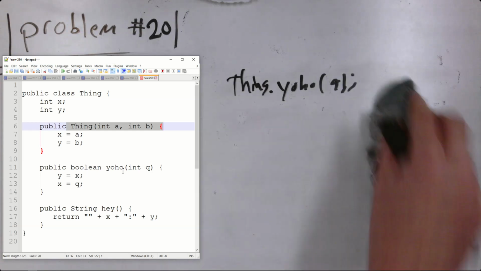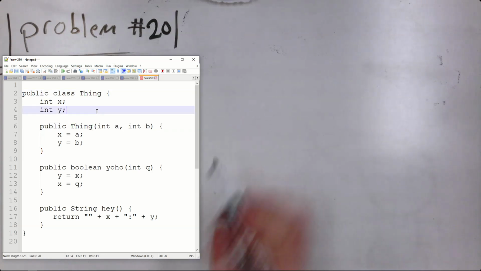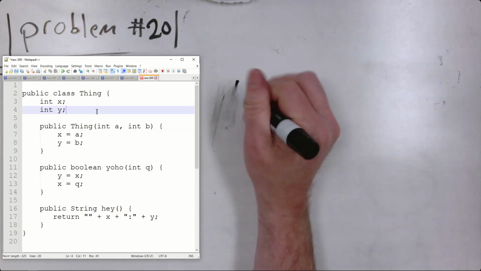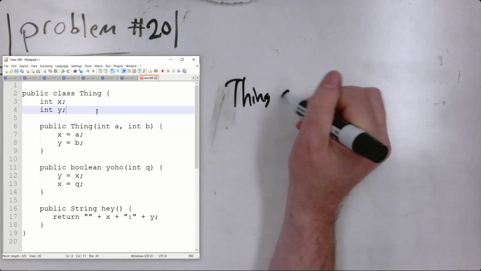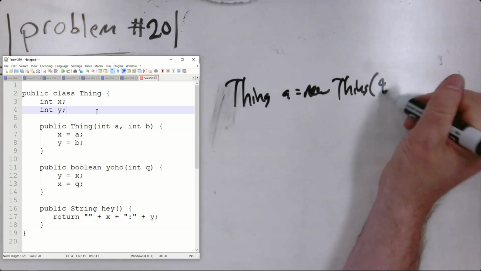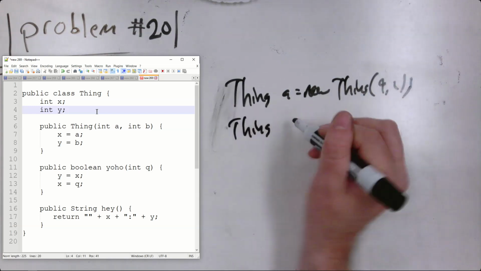A different way of thinking about it is, you know that a class is supposed to be able to be used to make lots of objects. So I could equally well have made several objects. I could have thing A is new Thing, and thing B is new Thing.